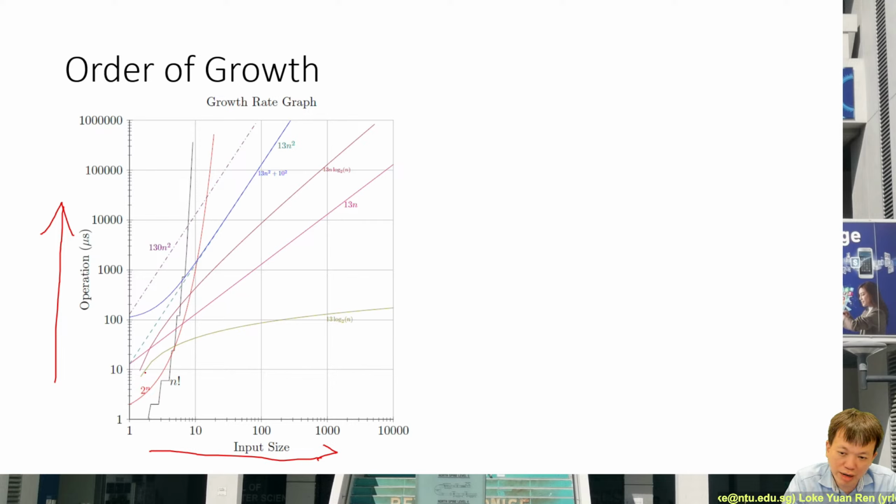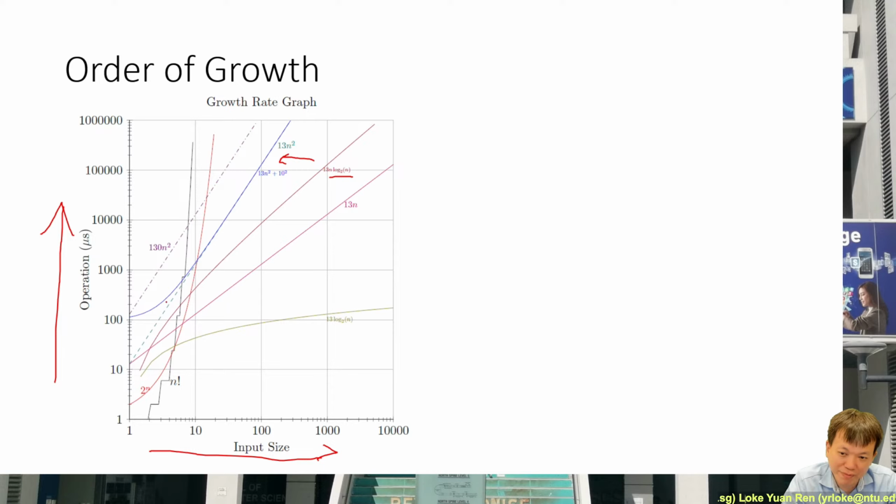If it's logarithmic, I like this kind of logarithmic algorithm because it's much faster than the linear one. The linear one is very, very slow as your problem size increases. When you go to linear logarithmic, it's even slower. When you go to the quadratic one, 13n squared plus 100 or whatever.